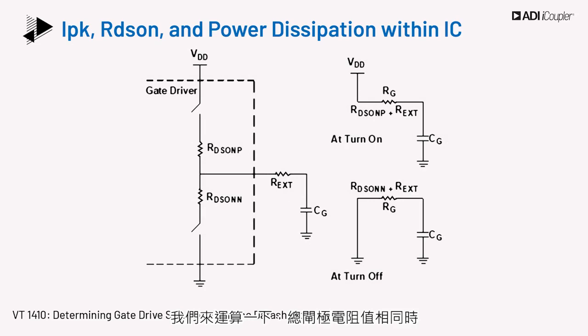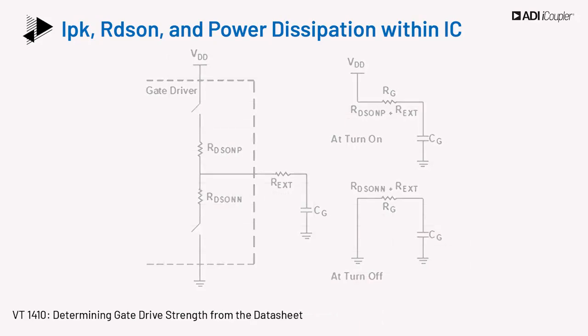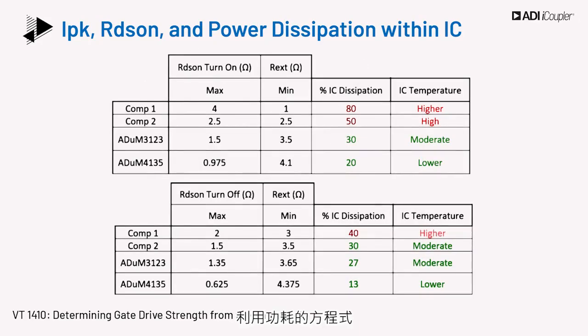Let's calculate the power dissipation with different drivers in an application when the total gate resistor value is the same. Disregarding the tolerances of external resistors and considering the max RDS(on) of the gate driver output stage MOSFETs, we can calculate approximate power dissipation. Using the equation for the power dissipation, we can find the proportion of power dissipation within the gate driver.